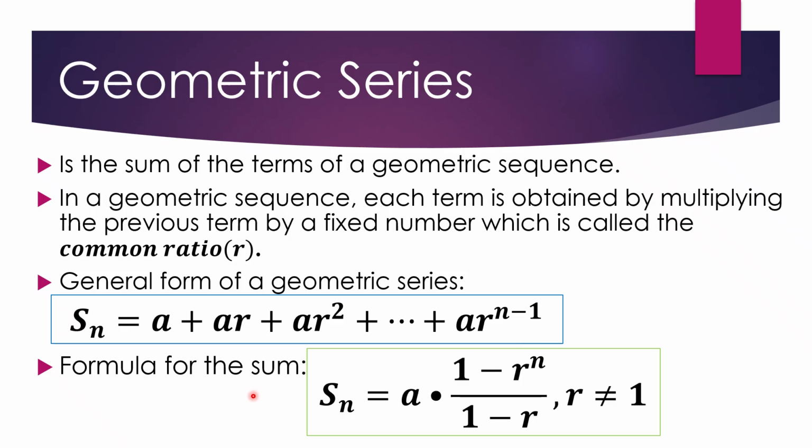And then the formula for the sum is: S equals the first term multiplied by 1 minus the common ratio raised to n, over 1 minus the common ratio, wherein our common ratio must not be equal to 1.